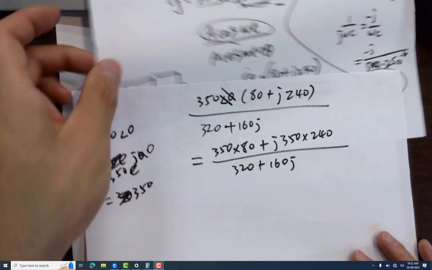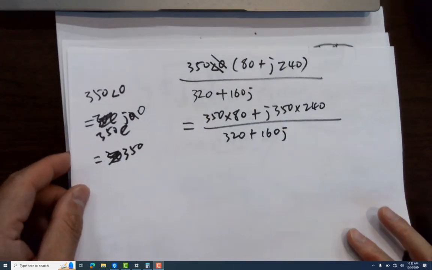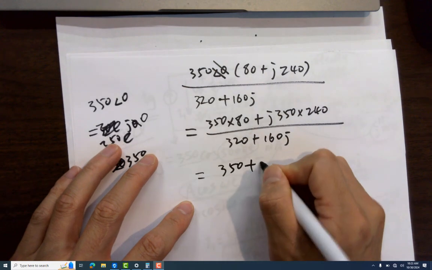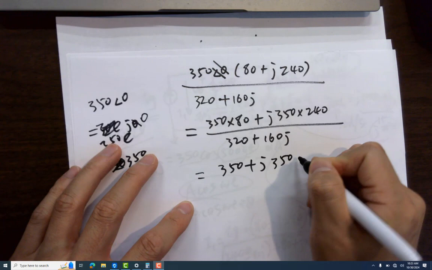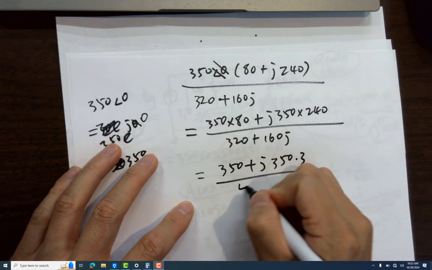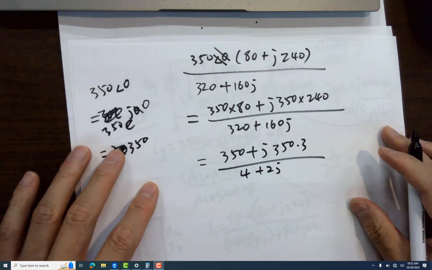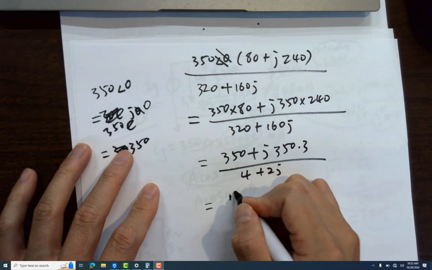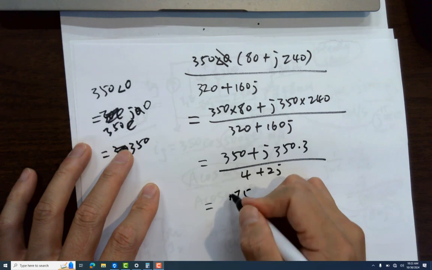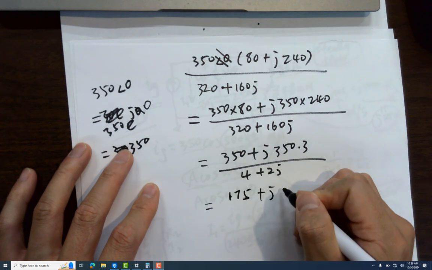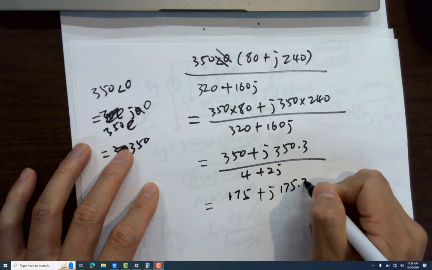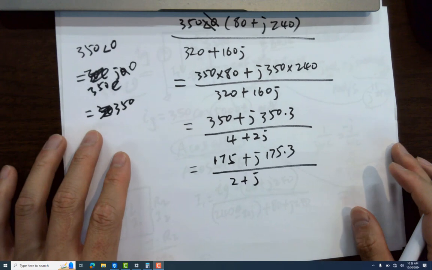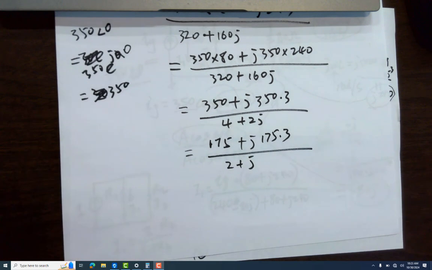It's a lot of calculations. Let's divide by 80 first, and then by 2. You can use a calculator if you have one.